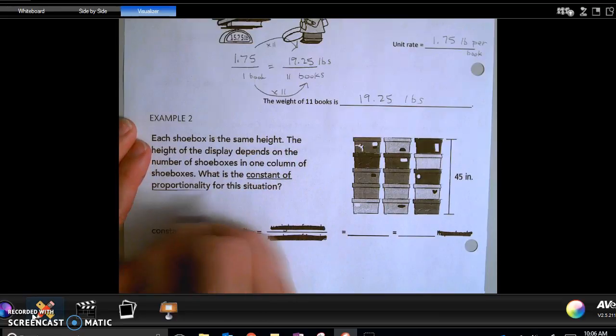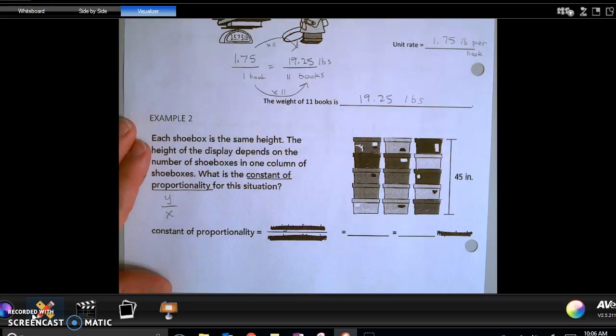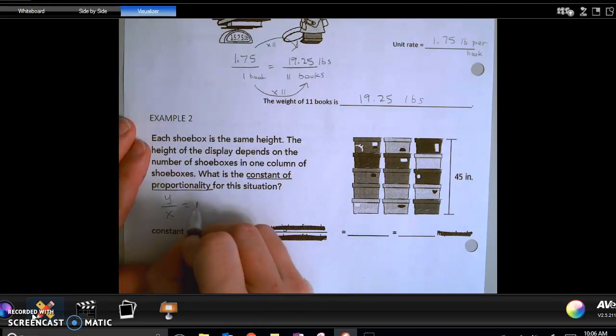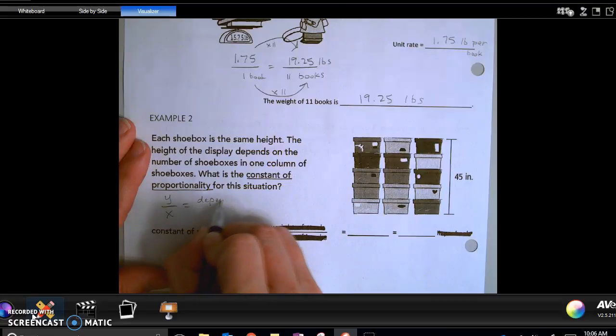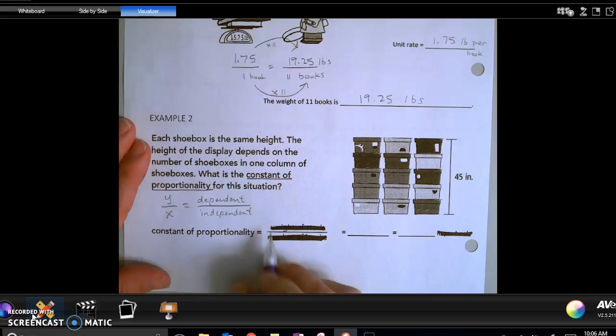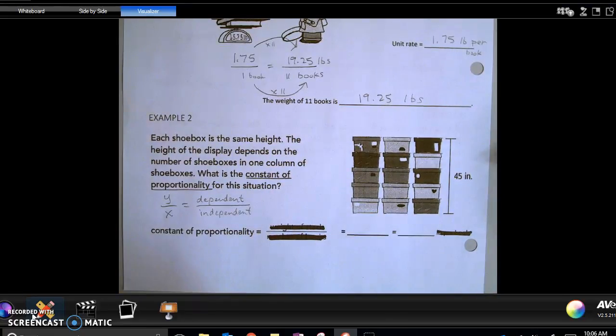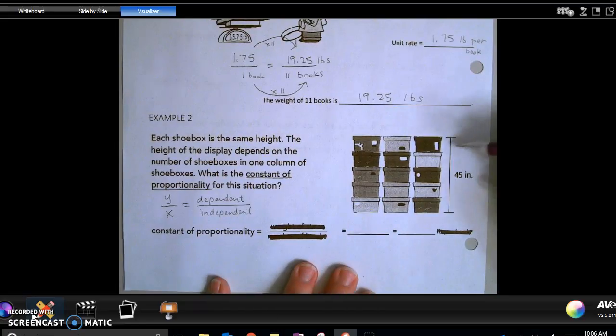So here's what I'm looking for. I need to find my y to x. To do that, we'll remember that the y is my dependent variable. So let's figure out which variable depends on the other one. Let's look at what we know. I know that each shoebox is the same height, and that all together these are 45 inches.